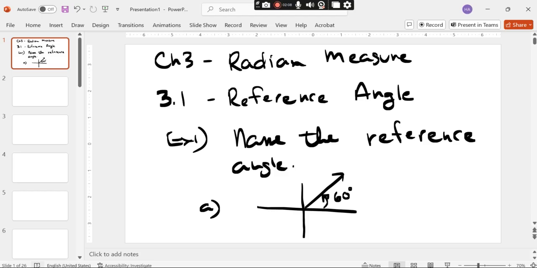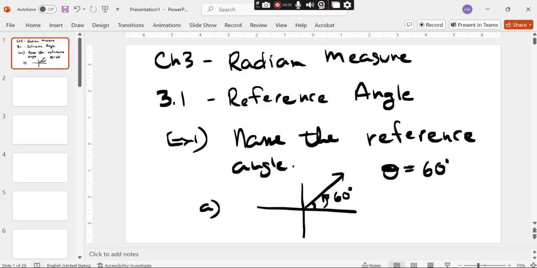So in quadrant 1, what in the world is a reference angle? The reference angle is the angle that goes from the x-axis to the angle itself. So this guy is called theta, and in quadrant 1, theta is 60 degrees.